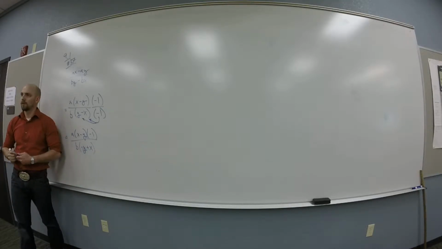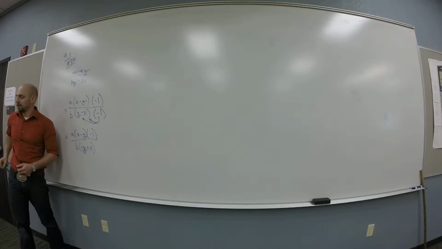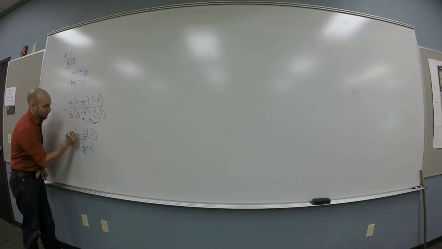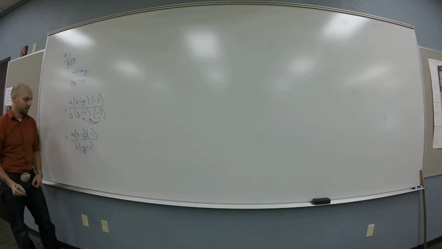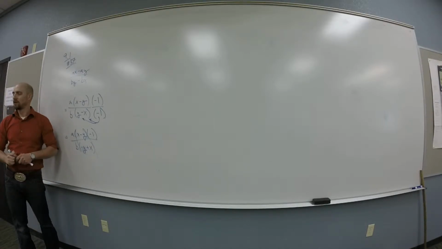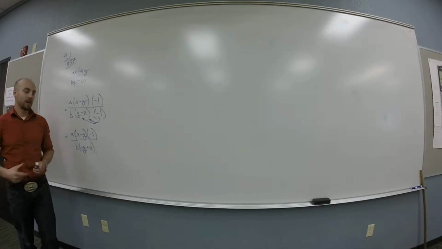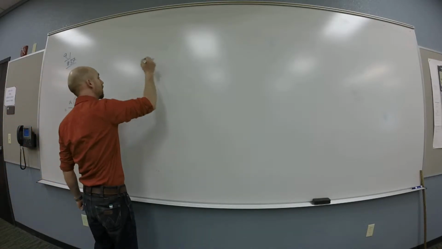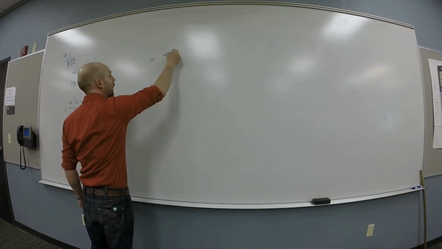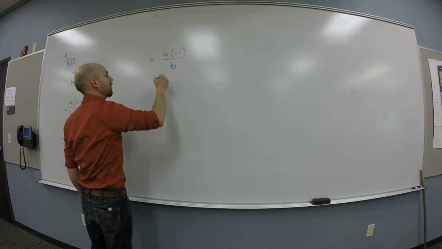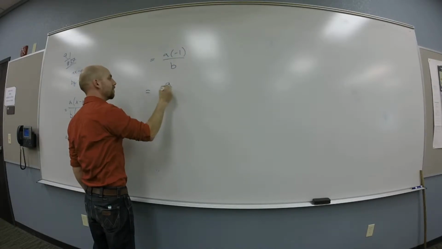Okay, see that? Now, this stuff is what? Same, so they cancel. That's 1, right? So they cancel. So I get a times negative 1 over b, which maybe I would rewrite as negative a over b.